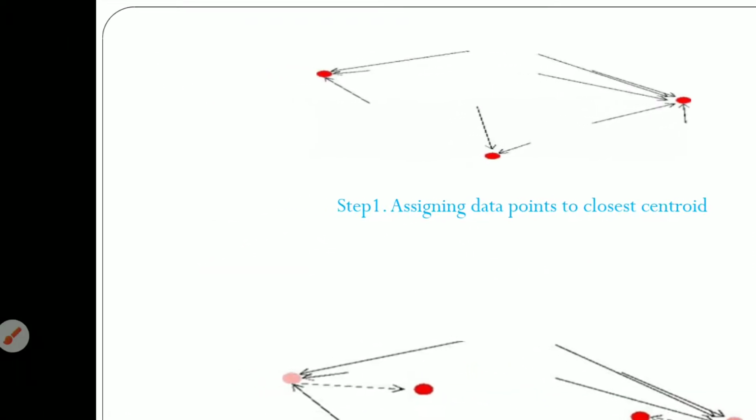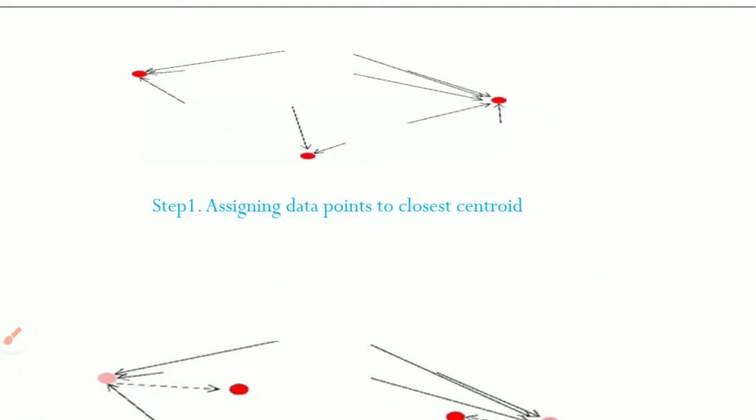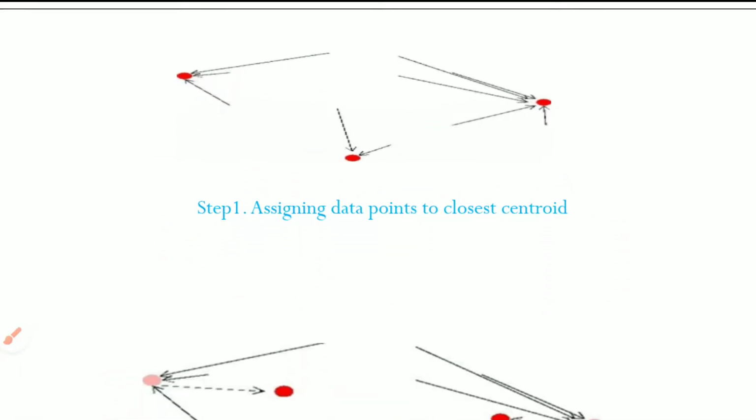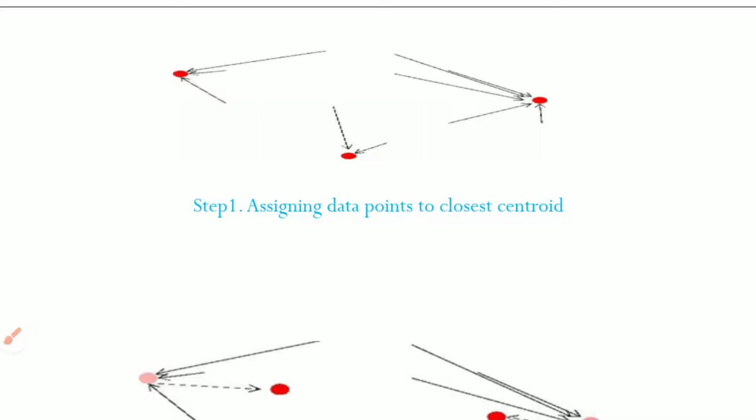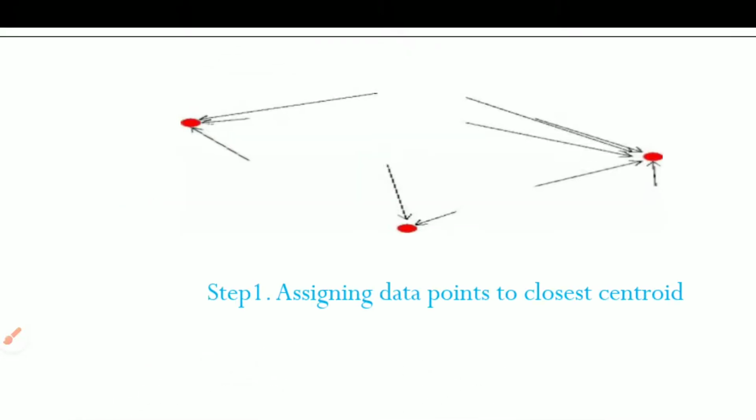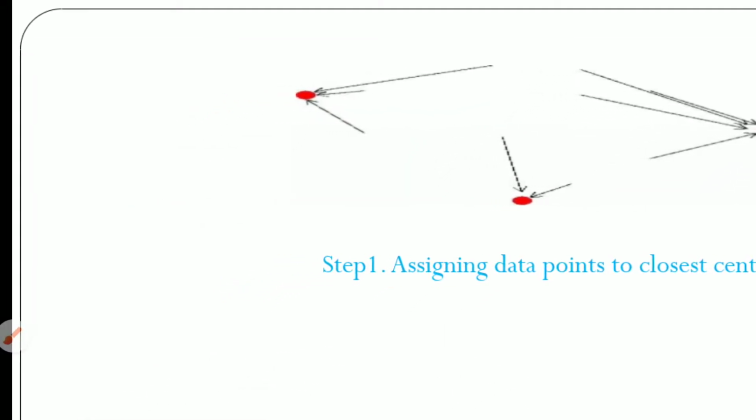That is the first step, what I explained: assigning the data points to the closest centroid. All the data points near a centroid will be represented with arrow marks.